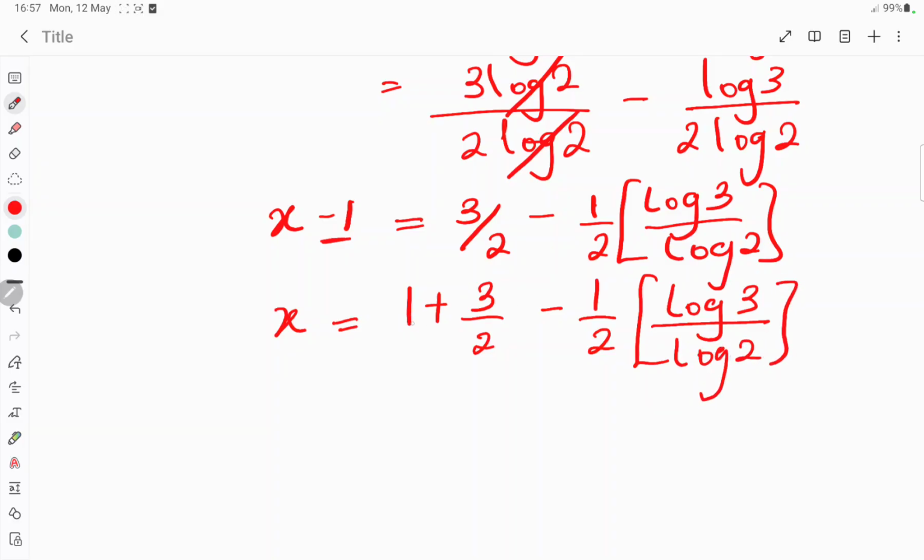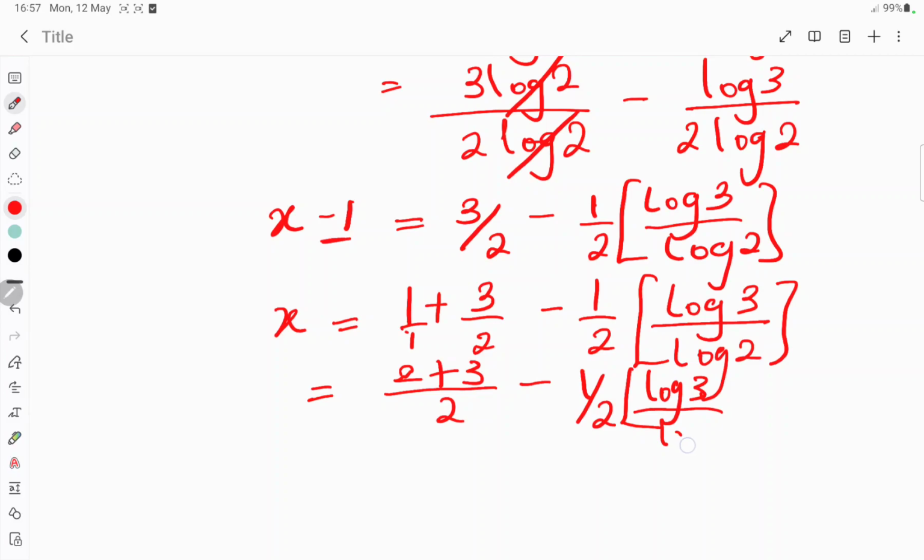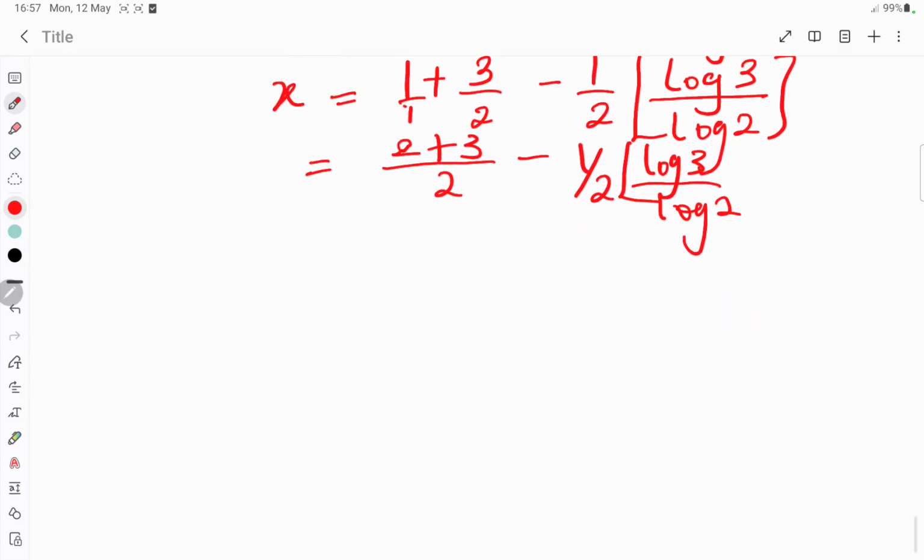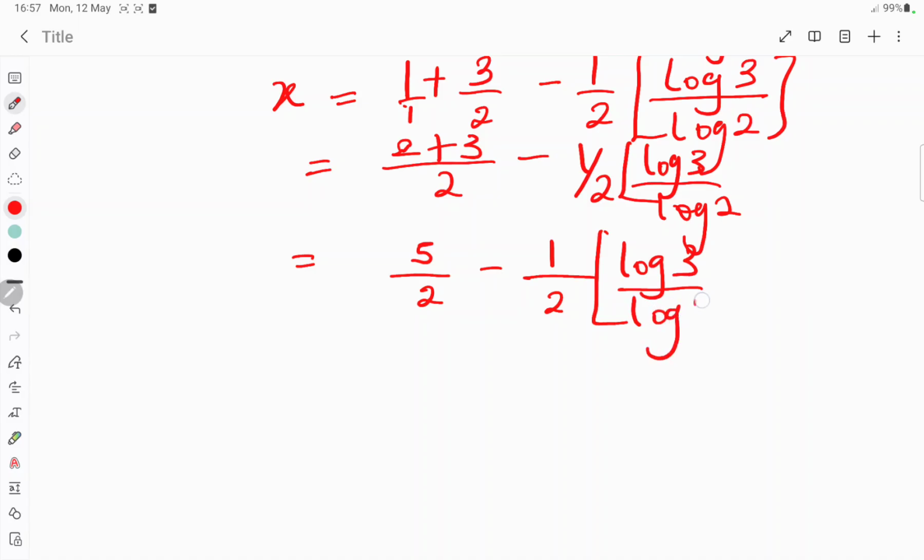When you add 1 to this, over 1, common LCM 2: 1 divided by 1, 2 times 1 is 2, plus 3. Then minus 1 over 2 log 3 over log 2. 2 plus 3 is 5, so 5 over 2 minus 1 over 2 log 3 over log 2.